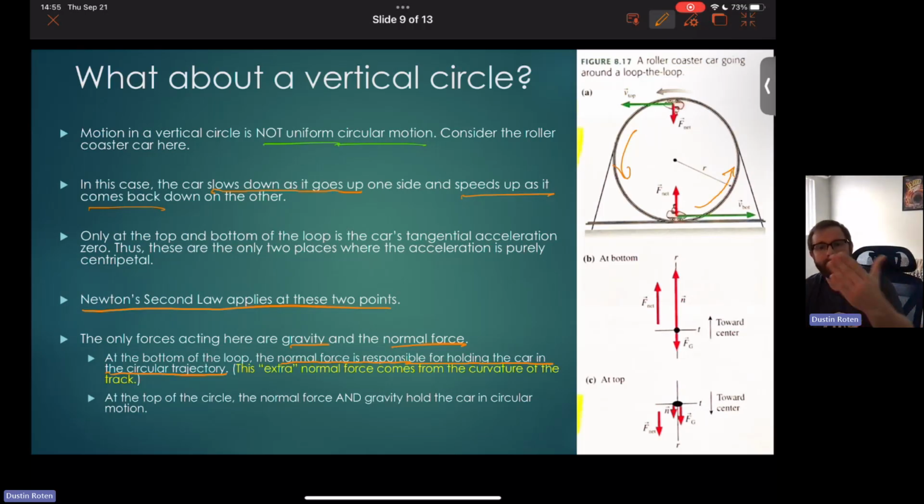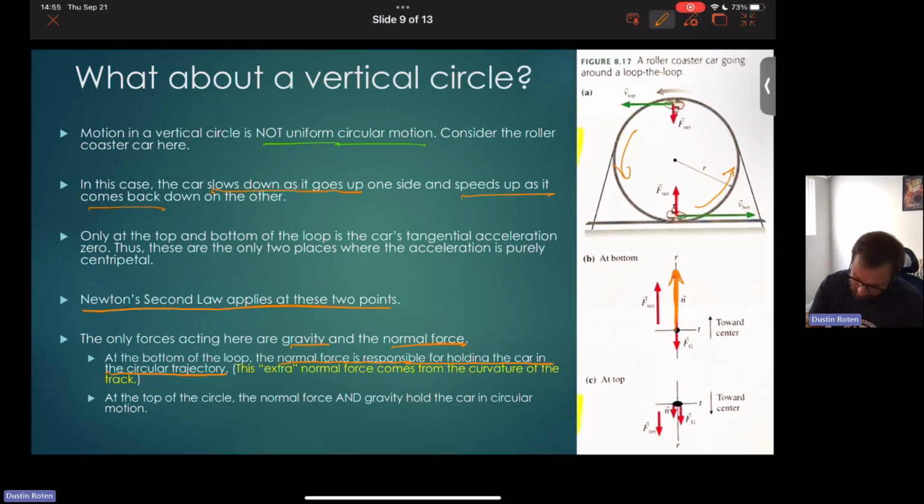That's why, if you look at this graph over here of our free body diagram, see how tall the normal force is, how long the vector is. We're getting this extra normal force from the curvature of the track, and that extra normal force is going to help keep us in the circle. Now at the top of the circle, the normal force and gravity are actually holding us in circular motion.